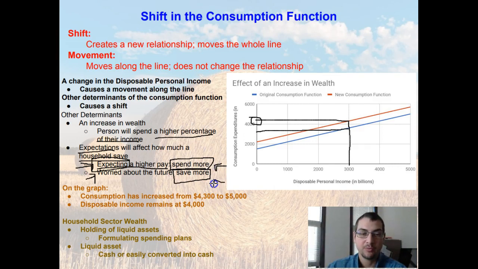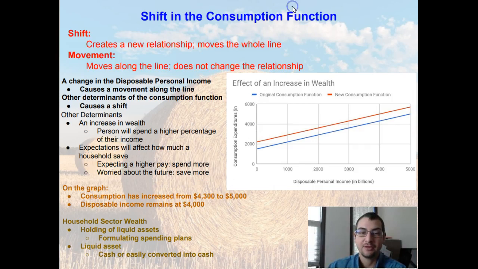Negative expectations will probably encourage you to save more and spend less, meaning there would be an inward shift, where you would see this line go down, where now at, say, $2,000, you're only willing to spend that much as opposed to that much. That makes sense. If you expect things to go right for the future, you're willing to spend more. If you expect things to possibly go downhill, you might be worried about your future, so you're not spending near as much money to try and save.